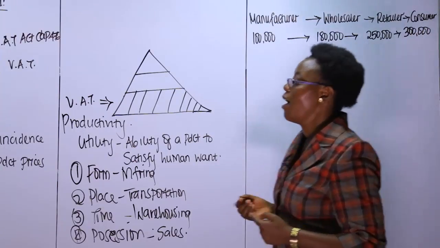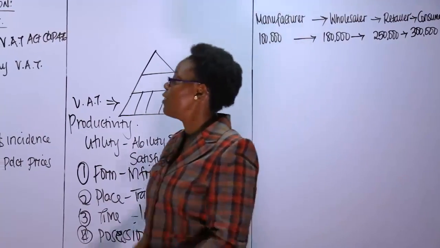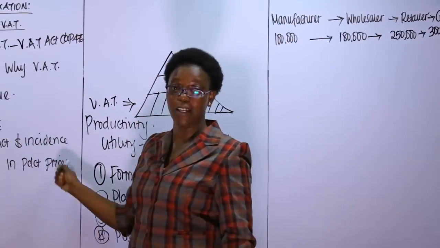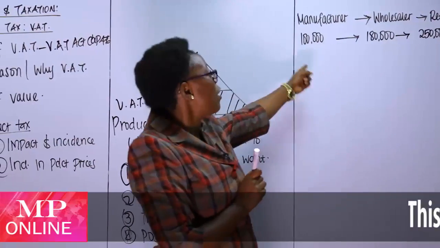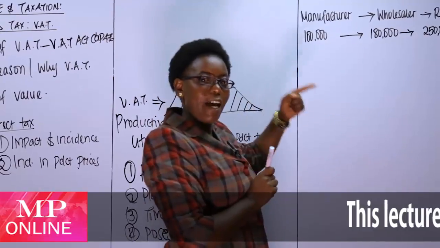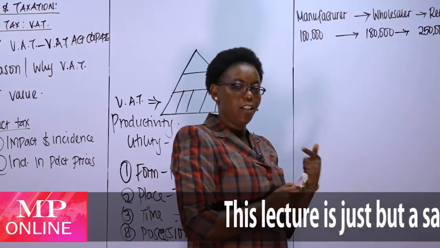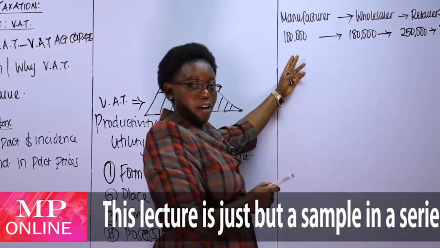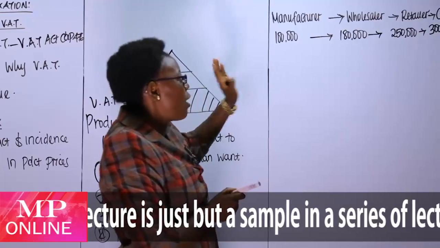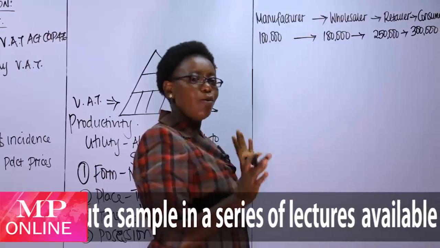Now, we have said under impact and incidence that the impact of VAT is on one person and the incidence is on another person. So that means, given that illustration, the first person who bears the responsibility of paying VAT to KRA is going to be the manufacturer. Then sells to the wholesaler. So we want to compute what is the value that is added.